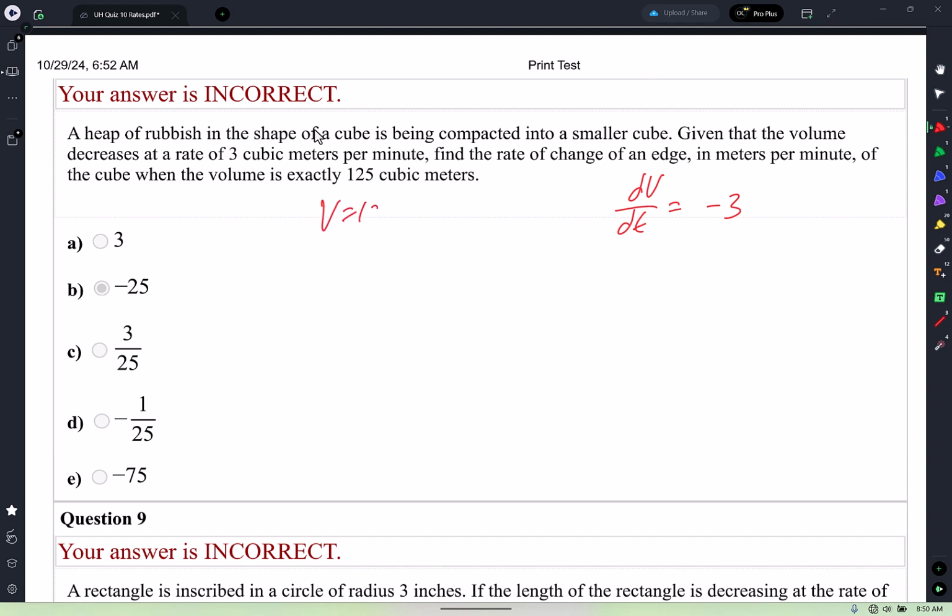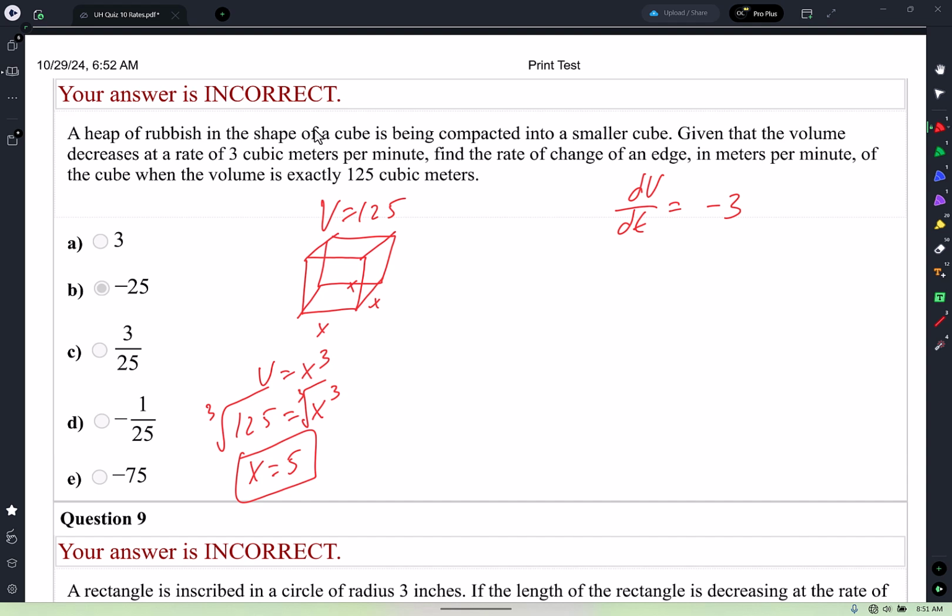So here's my cube. That's actually a pretty good drawing. Volume is x times x times x, so volume equals x cubed. 125 equals x cubed. Cube root, x equals 5.